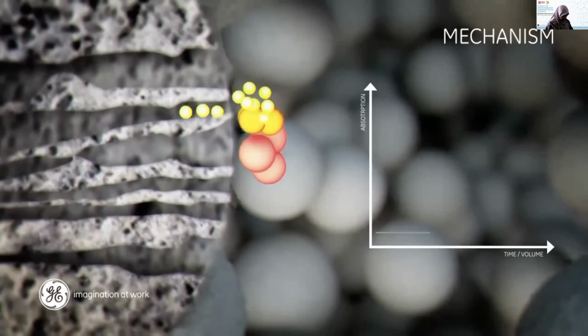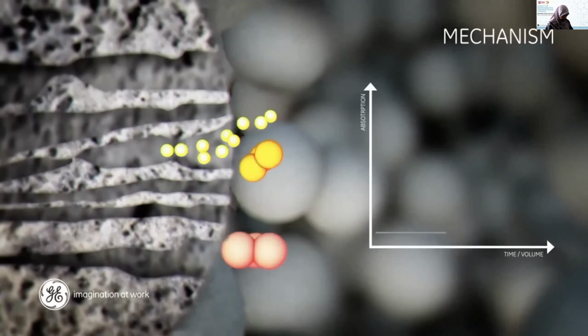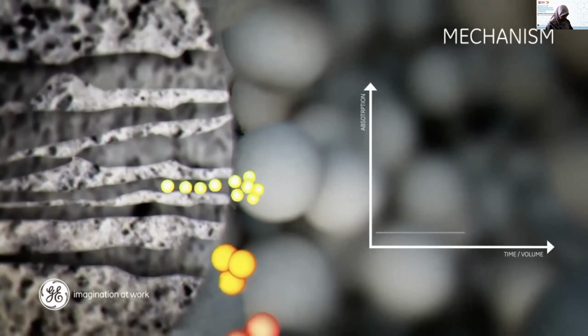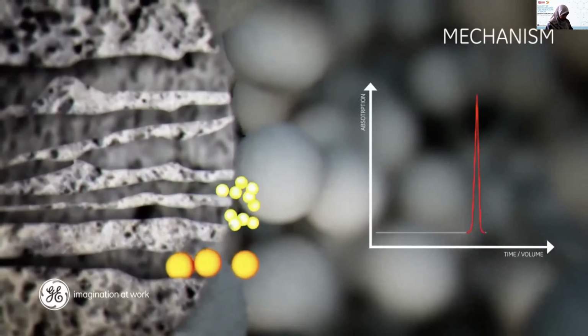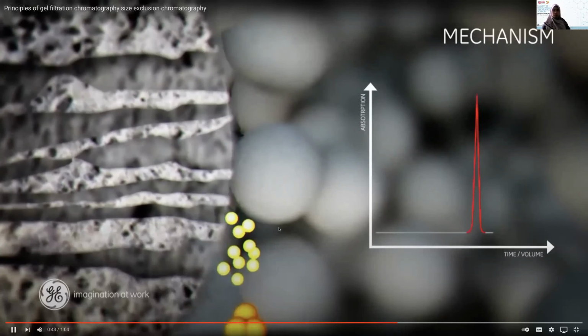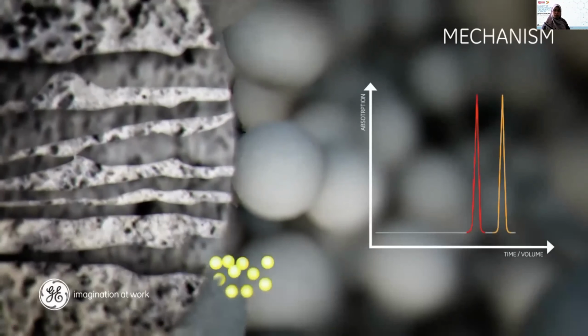Molecules which range in size between the very big, excluded from the gel, and the very small can penetrate the pores to varying degrees based on their size. Access to the pores is limited by steric hindrance. If a molecule is smaller than the smallest of the pores in the gel, it will be able to enter the total pore volume.